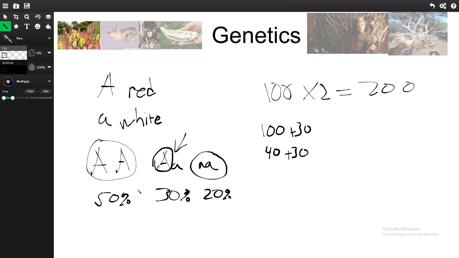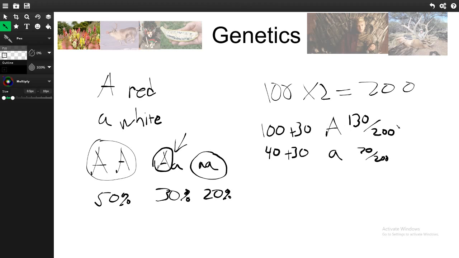So the allele frequency in this particular case for the red allele would be 130 over the allele population size of 200. So 130 out of 200, and little a would be the remaining 70 out of 200.